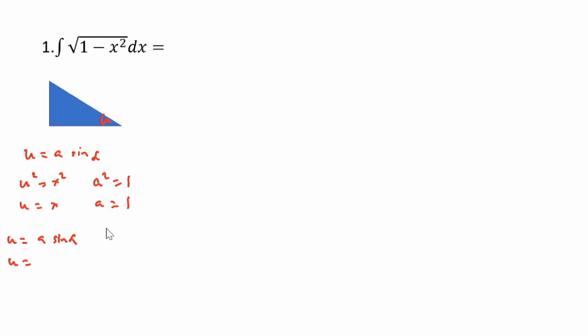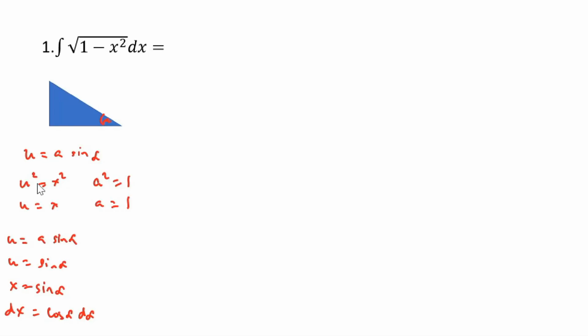Then a is 1, so u is sine alpha. But u here is x, so I will write now x is equal to sine alpha. And then take the derivative of this. So we have now dx is equal to cosine alpha d alpha.